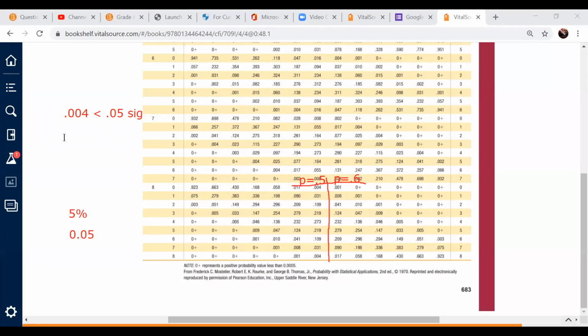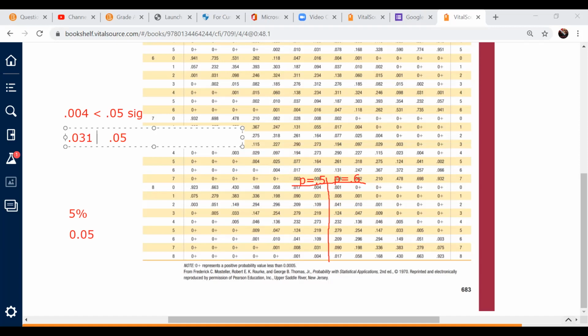Now, what two numbers are we going to compare here? Don't be scared. The only real wrong answer is no answer. Above for the first one, we compared 0.004 to 0.05. If we're looking at the probability of having 1 girl, what two numbers are we comparing? 0.031, right, we're comparing it to 0.05.